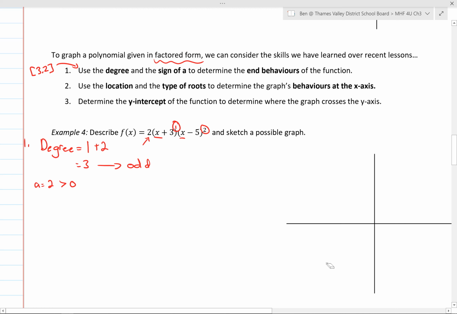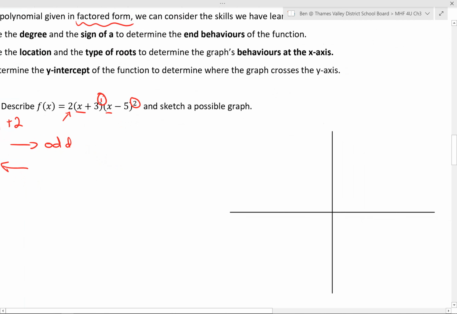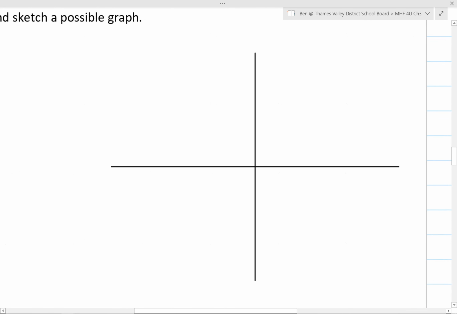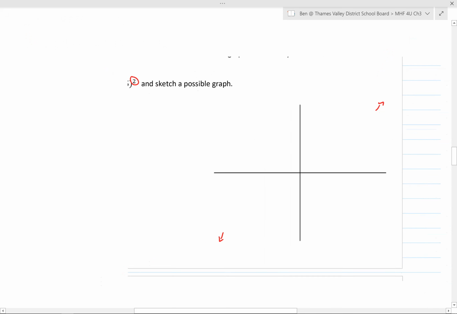Now, because our a value is positive and our function is odd, I'll pause here for you to think of the implication. That means as x approaches positive infinity, y should approach positive infinity. As x approaches negative infinity, y should approach negative infinity down here. These are the end behaviors. So I'm just going to give it a small arrow right in the corner, just so I know how our function will act.